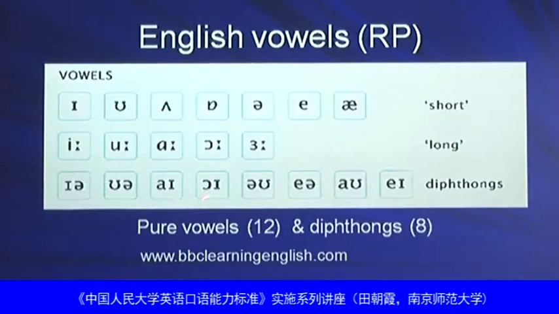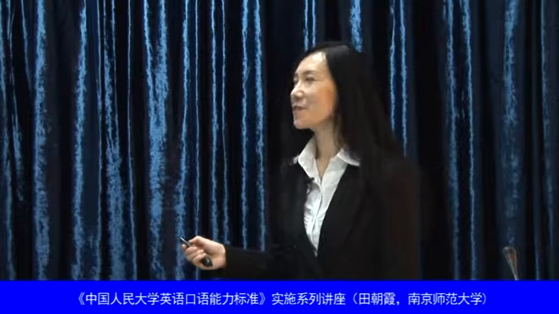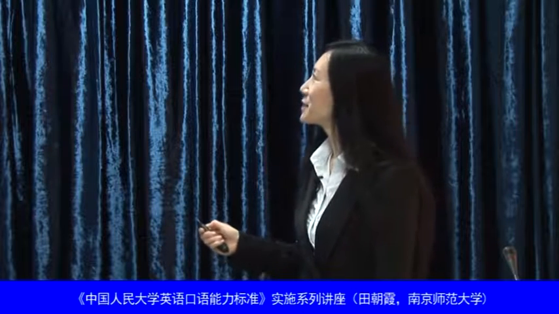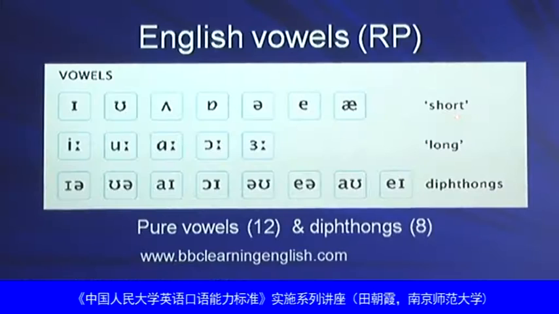All right. Look at this chart. Here we see all the English vowels, and it's from the BBC Learn English website. In this chart, vowels are divided into three categories: short vowels, long vowels, diphthongs. Diphthongs 叫双元音, 双元音.